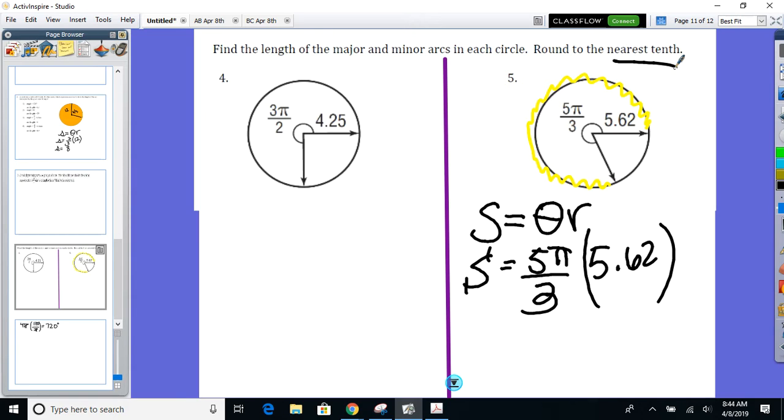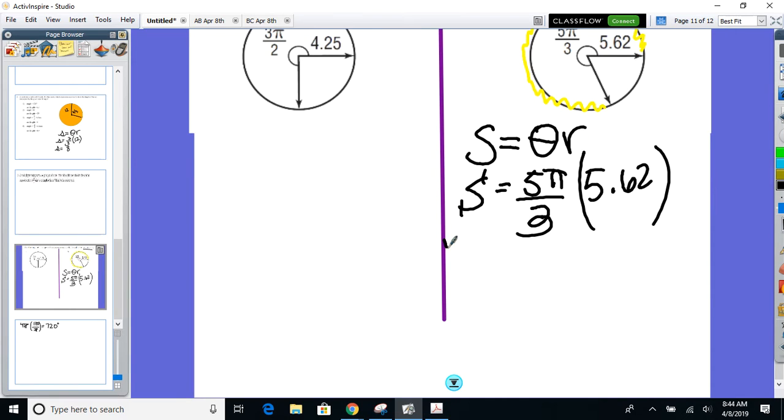Minor arc's a little more work. Now to do the minor arc, you need to find that angle right there. Degrees, radians, your call. We have not gone over how to use the other angle to get to the smaller one with radians.